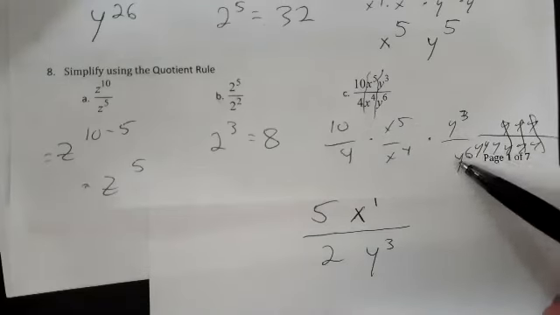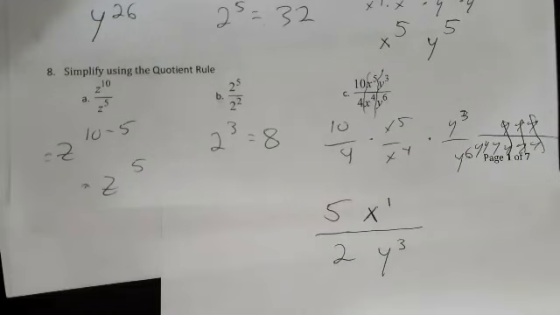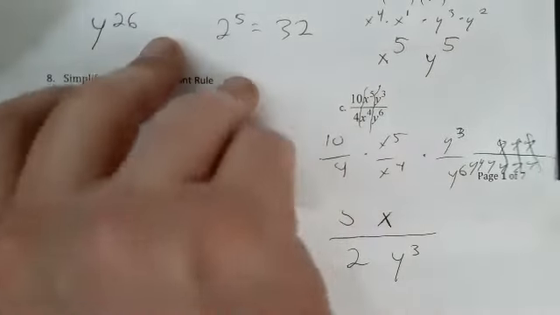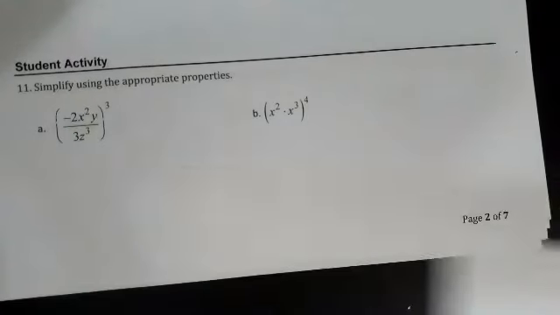So there's 6 y's on the bottom, there's 3 on top, you're going to end up with 3 on the bottom. And we'll talk a little bit more about negative exponents in just a second, and hopefully that will bring this idea around a little bit more. So we're kind of hinting at something we hadn't got at yet.